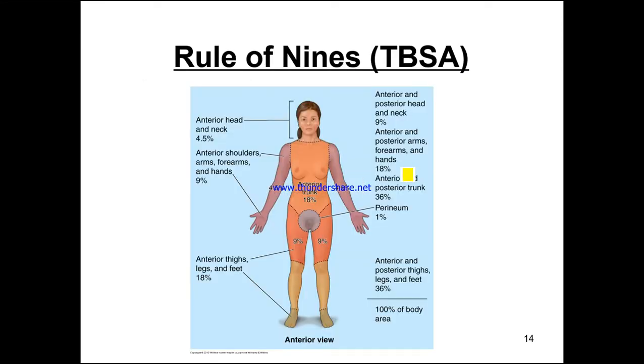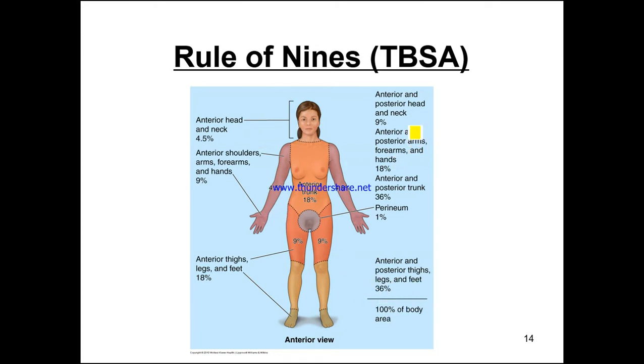The rule of 9s is the relationship of skin coverage and burns to different parts of the body. So for instance, if somebody has burns to both the anterior and posterior thighs, legs and feet, the person is considered to have a 36% burn.